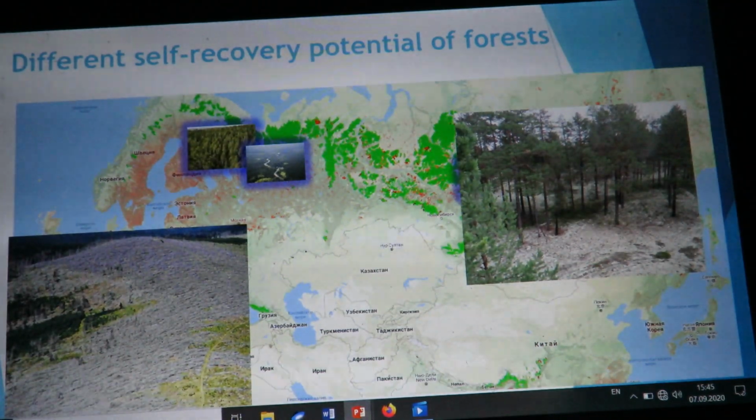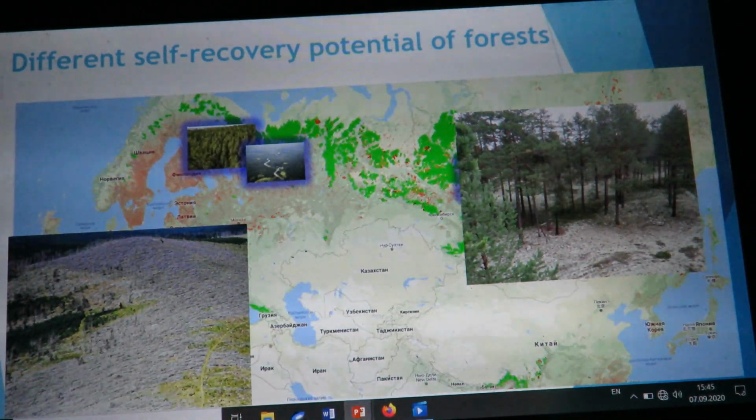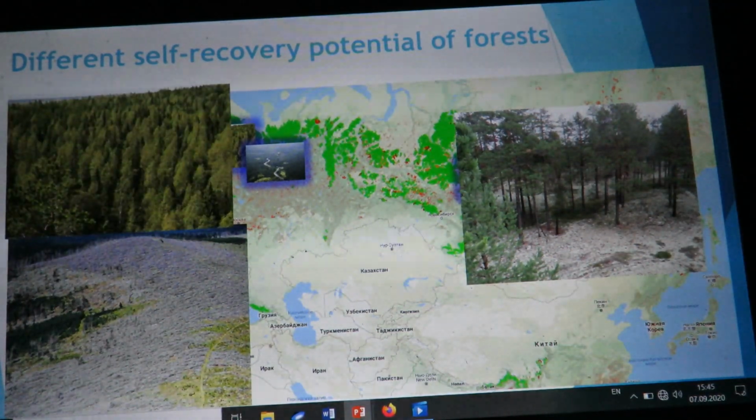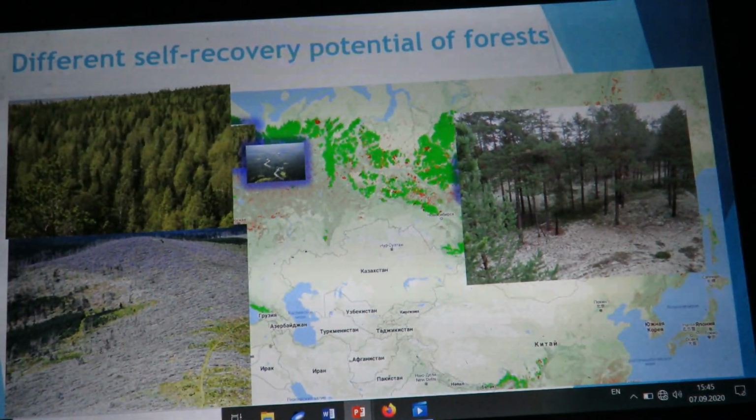At the same time, there are disturbed ecosystems that still retain self-recovery potential, as in this example of boreal forests which we studied on the shore of the White Sea in the north of European Russia.